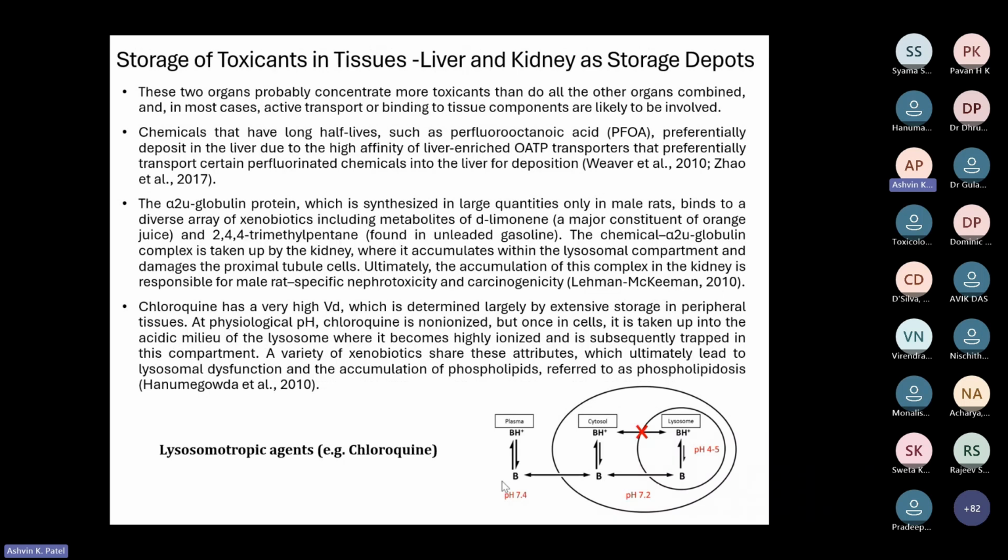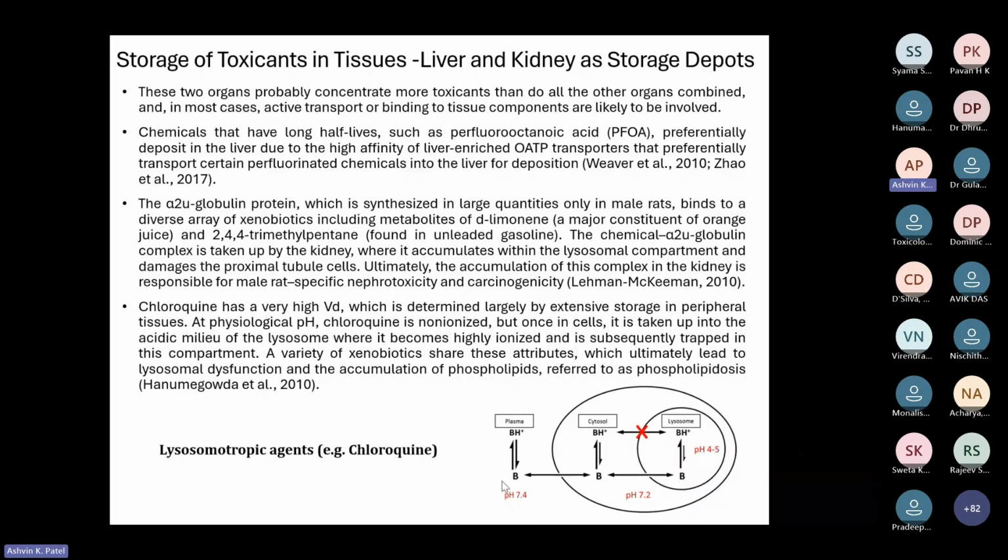Liver and kidney act as a storage depot. These two organs probably concentrate more toxicant than all other organs combined. Chemicals that have a long half-life, such as PFOA, are preferentially deposited into the liver due to the high affinity of the liver-enriched OATP transporter, which preferentially transports certain perfluorinated chemicals into the liver.